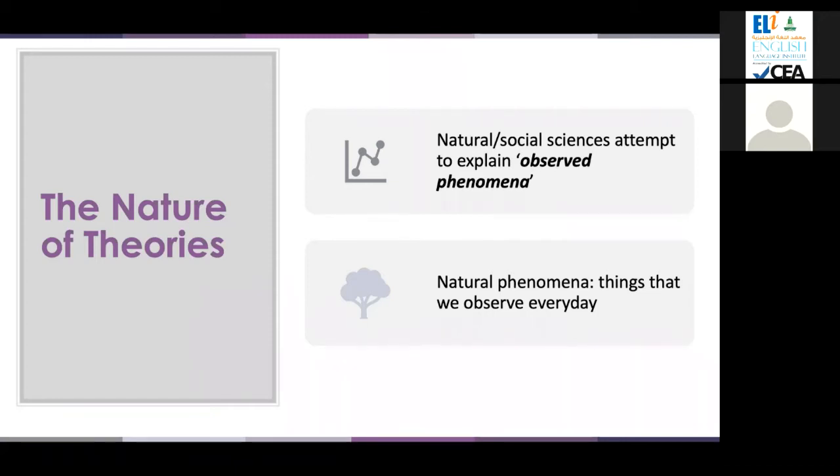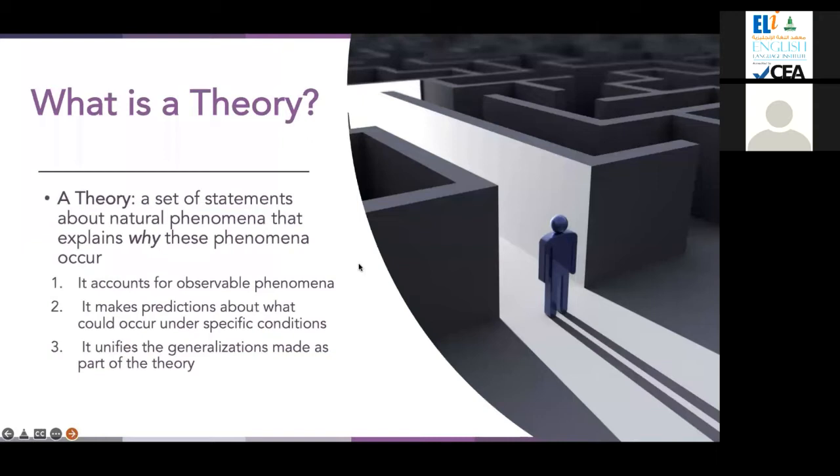Natural sciences and social sciences, both categories use theory to develop research. I hope now the idea is clear that a theory attempts to give an explanation for natural phenomena, for certain observations, things that we observe every day.